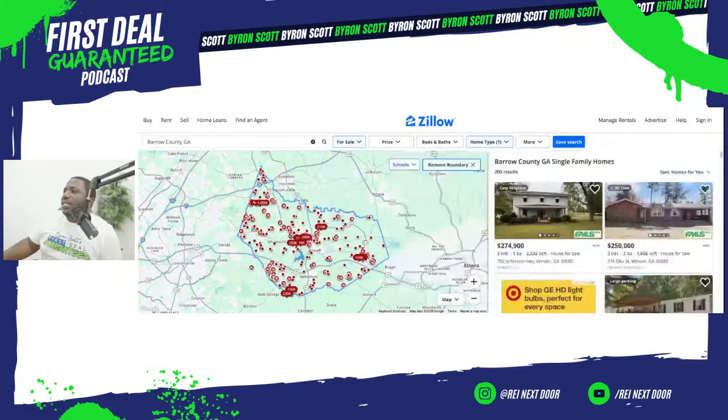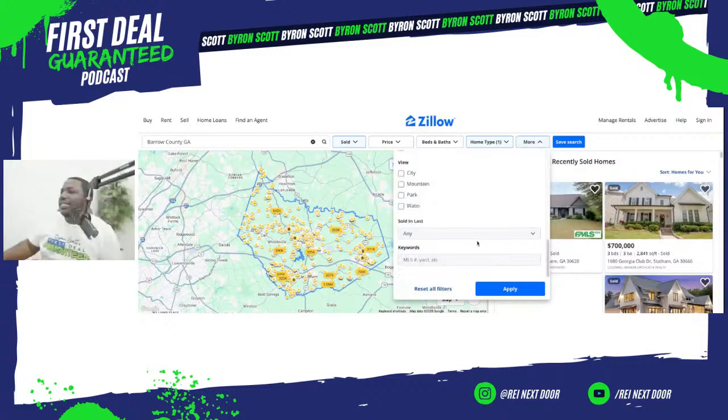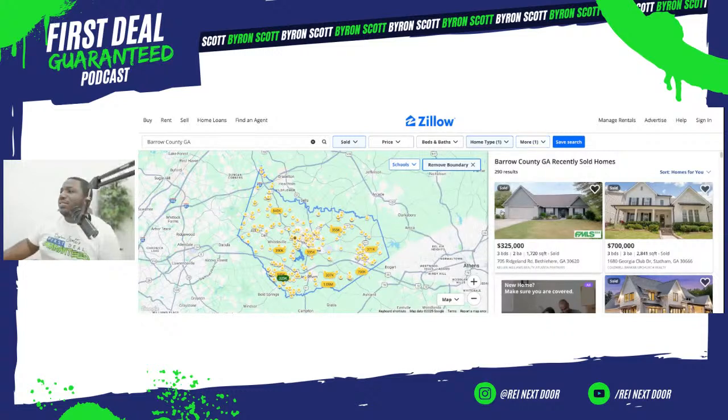They've got 471 properties for sale. 471. Let's see what sold in the last 90 days. 470 something. So this is off, but it's a lot closer than the other ones.